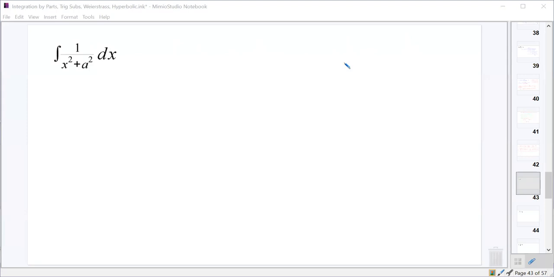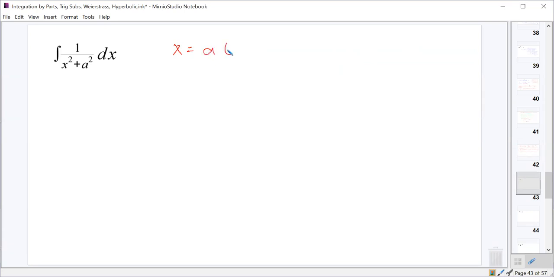What's the trig substitution for something that has x squared plus a squared? Normally they worked really nicely in a square root, right? But this one doesn't have a square root, so we maybe didn't initially think of that. So what should we do? What should we let x be using that inverse trig stuff? A tangent theta.